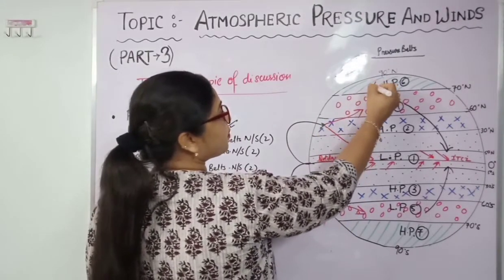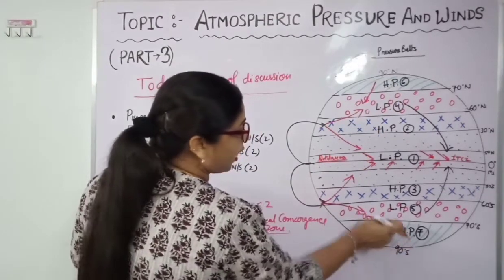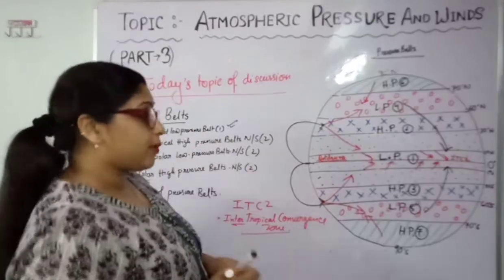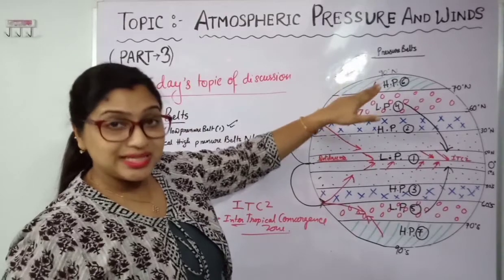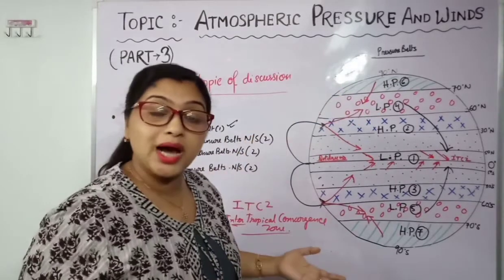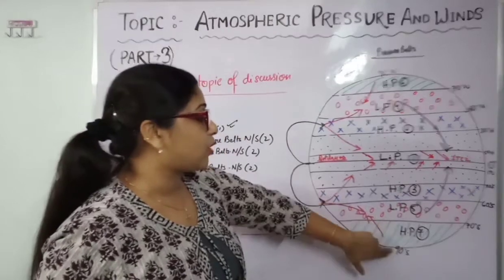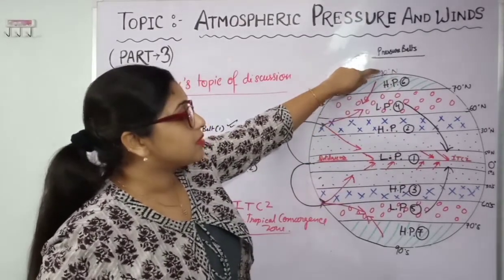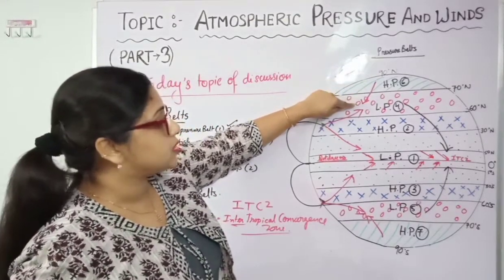And one more branch is coming from the polar high pressure to that low pressure area. Because the polar high pressure is the 90 degree frigid zone, an ice covered area, where we can see the whole year ice cap in the polar area, south pole and north pole. So from this side, the high pressure wind also blows towards this low pressure.